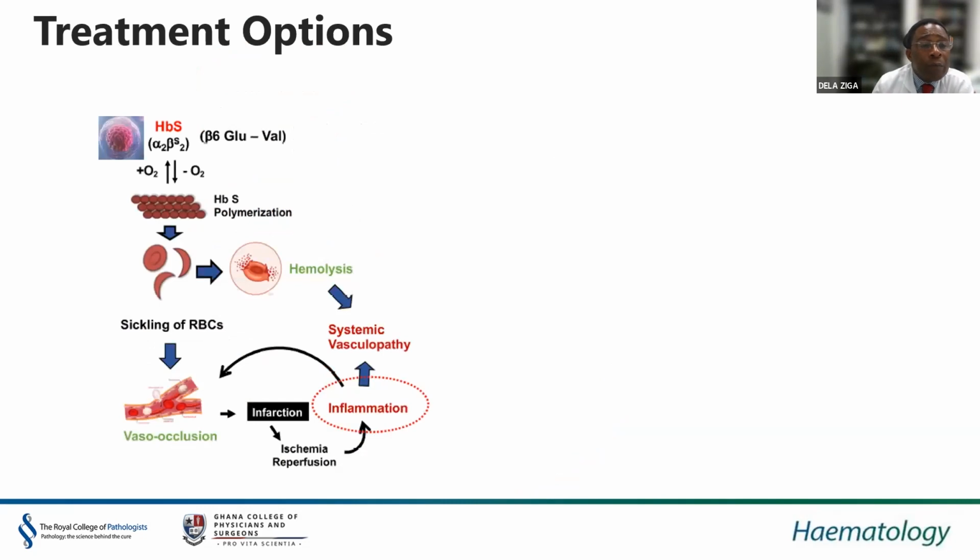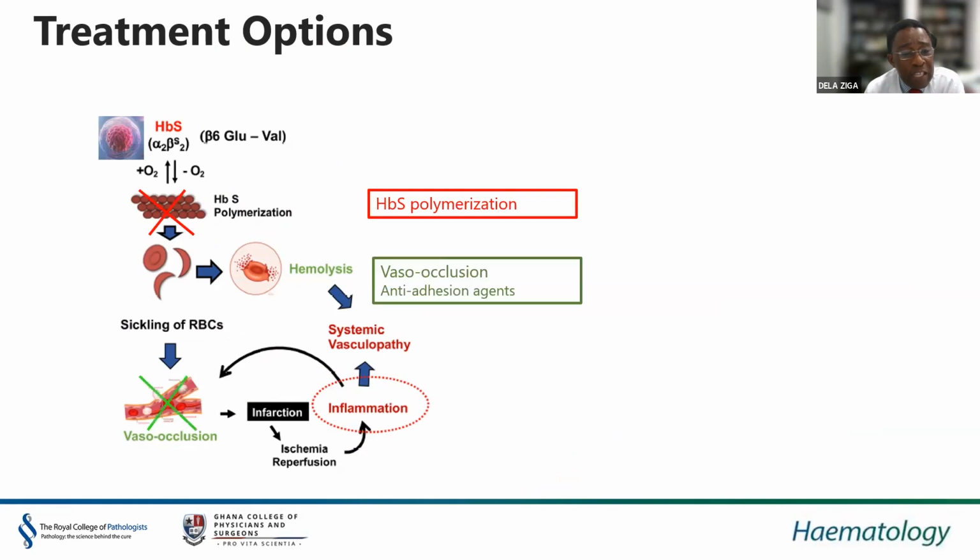So this is a very complex disease that leads to poor quality of life, and there have been a lot of developments in trying to modify the disease. We now have agents that block polymerization, but also agents that try to prevent adhesion, which will also mitigate vaso-occlusion.